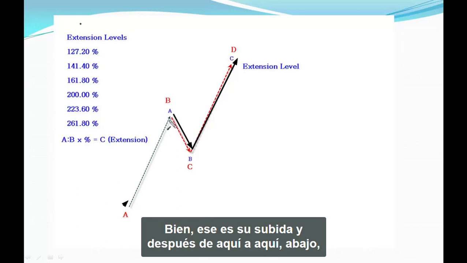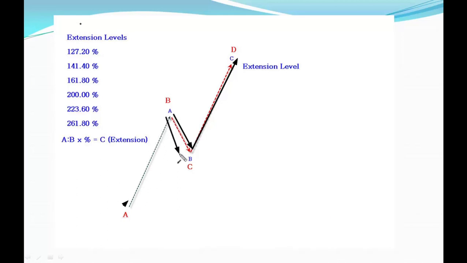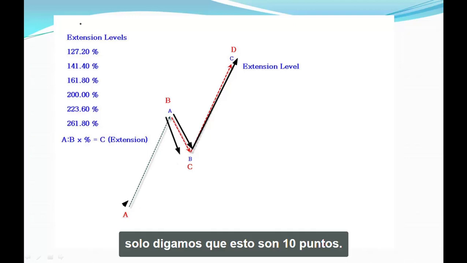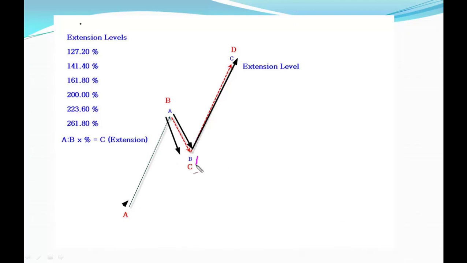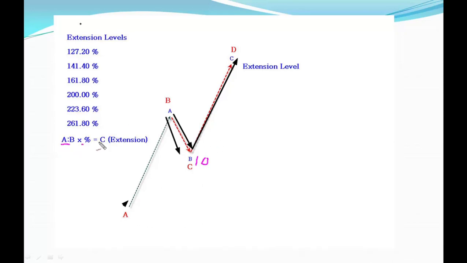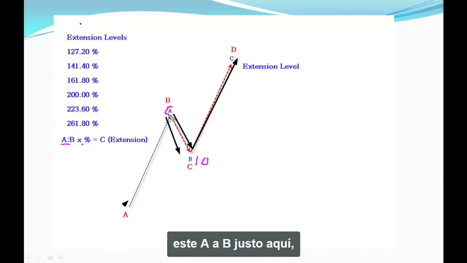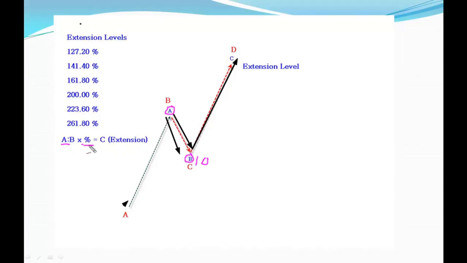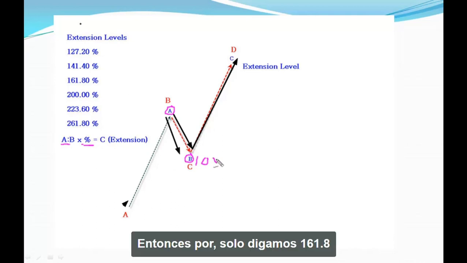And then from here to here down, let's just say this is 10 points. So an extension is A to B, this A to B right here, times a percentage. So times, let's just say, 1618.